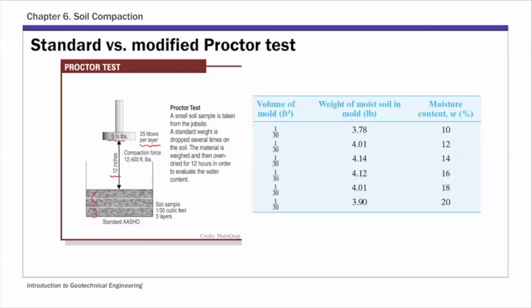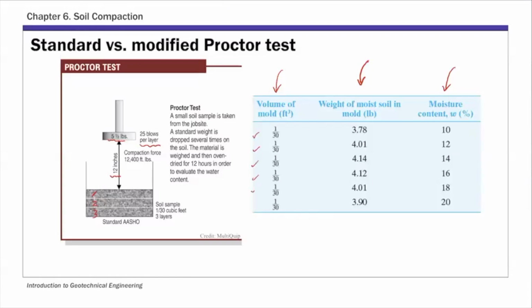What you get out of this is the volume of the mold, which is basically the total volume of soil. You can measure the weight of the moist soil in the mold, and you can also measure the moisture content. That's the data you get from a compaction test. For this example here, we have 1, 2, 3, 4, 5, 6.